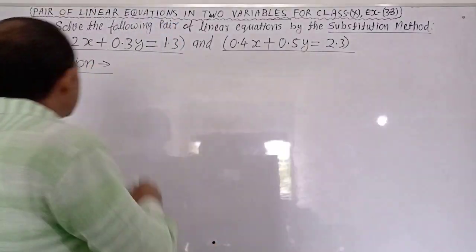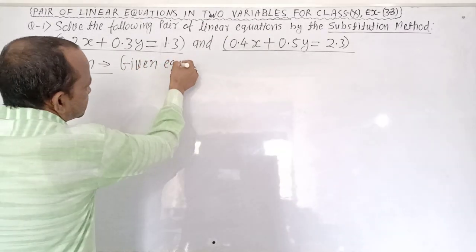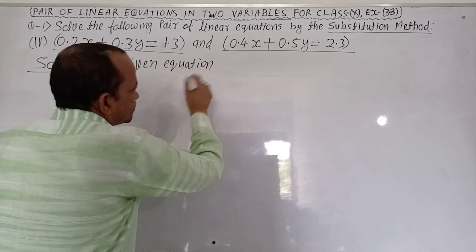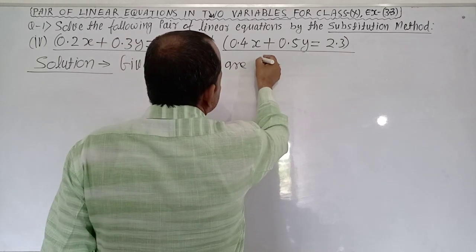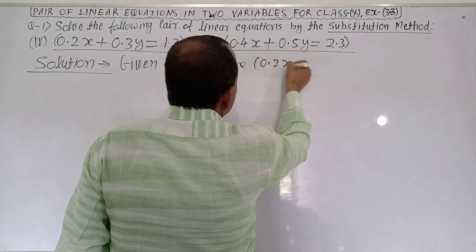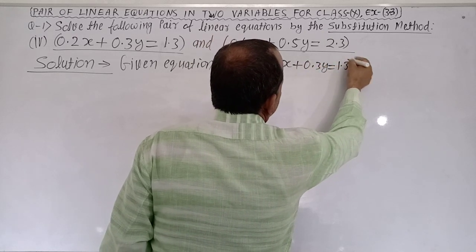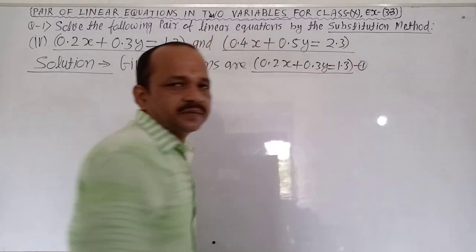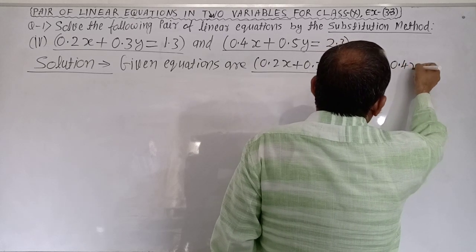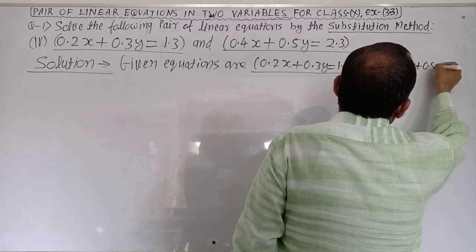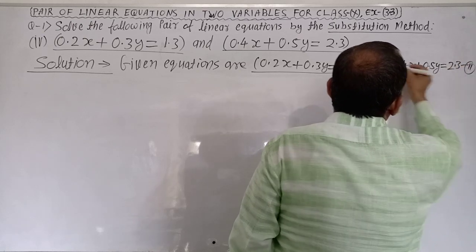See the board. Given equations are 0.2x plus 0.3y equal to 1.3, equation first, and 0.4x plus 0.5y equal to 2.3, equation second.